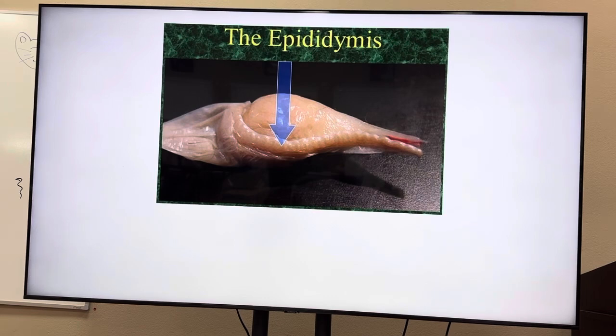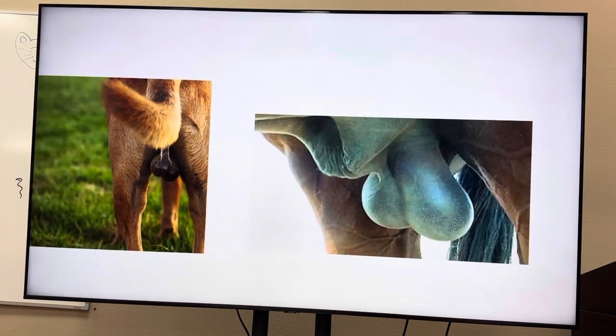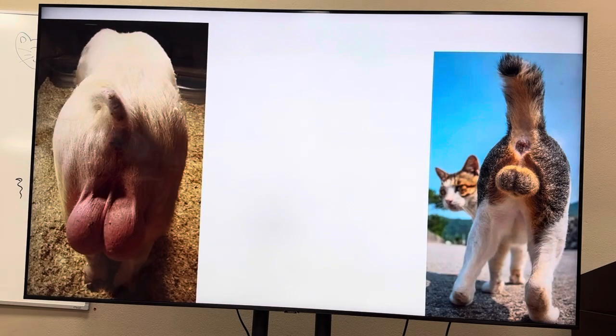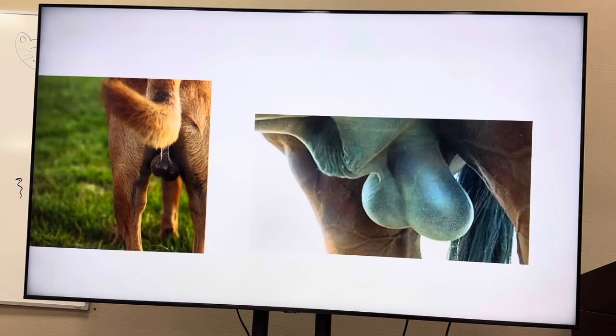So this is a testicle of the cat showing the epidermis, and here we have the inguinal location, and this is perineal, and this is inguinal.